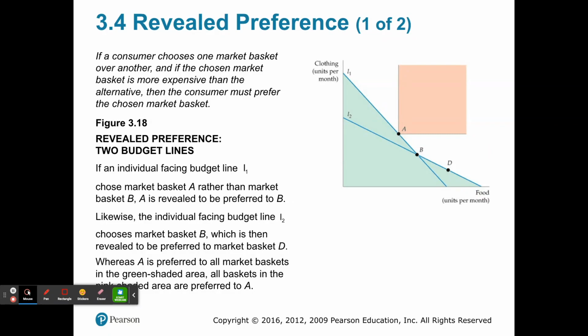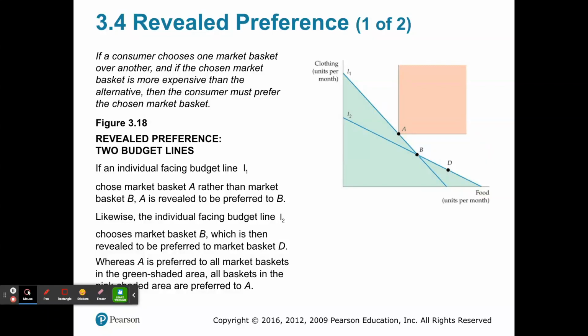And in this case, if they bought bundle D, it can't be purchased with the market conditions that exist at budget constraint number 1. Essentially, we would need more information about how the price changed to change us from I1 to I2, to be able to talk about what the relationship is between points A, B, and D, knowing that some relationship must exist.